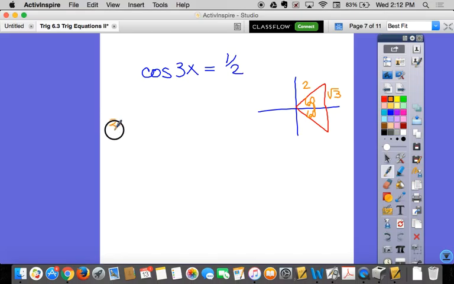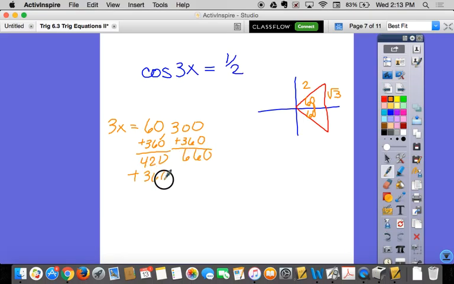So 3x equals 60. And then the bottom one there would be 300. Now, I don't care how you do it. What you're really doing is adding 360 each time. So there's 420, and 660, you would have to do that again, guys.